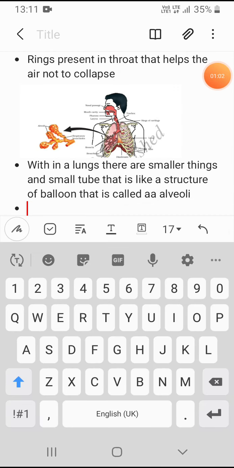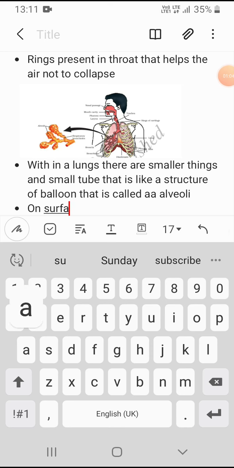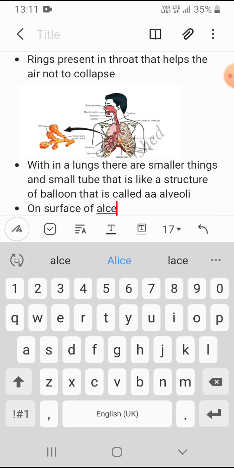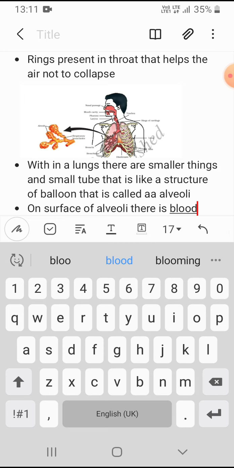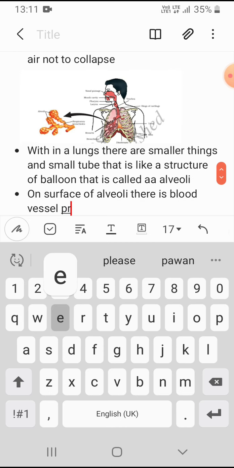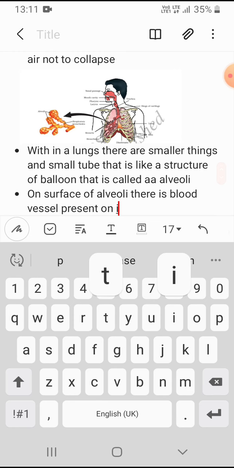And on the surface of the alveoli there are blood vessels present.